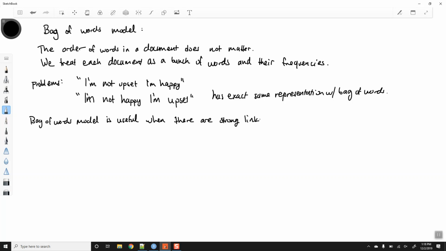Strong links between words and subjects, clusters, topics, what have you.